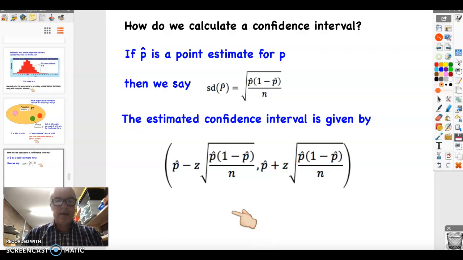So you can see here a formula that is not nearly as hard as it looks. We've got our point estimate, we've got some value z, and there's our standard deviation that we've just calculated. So I've got the point estimate minus z times that, and the point estimate plus some value of z multiplied by the standard deviation.